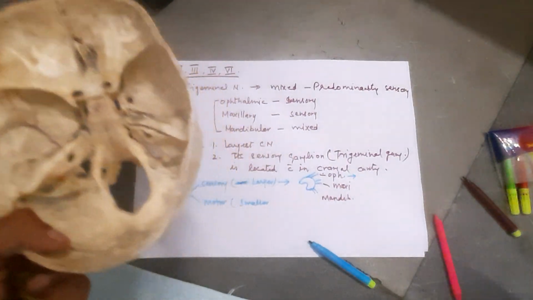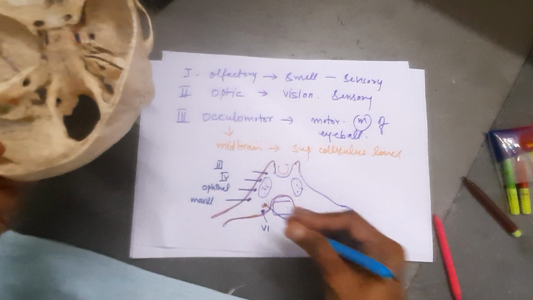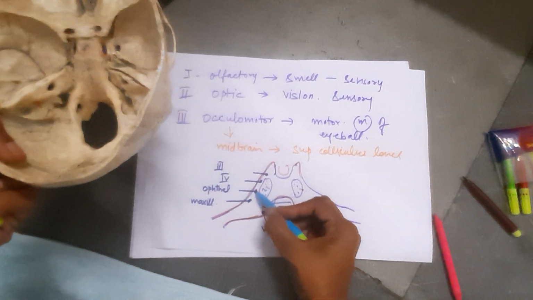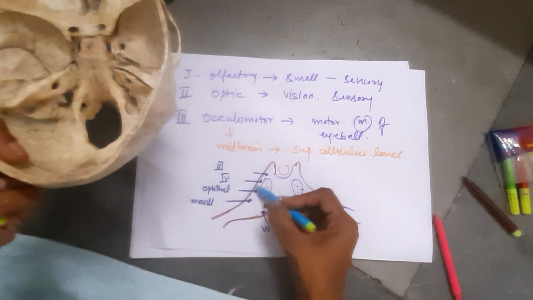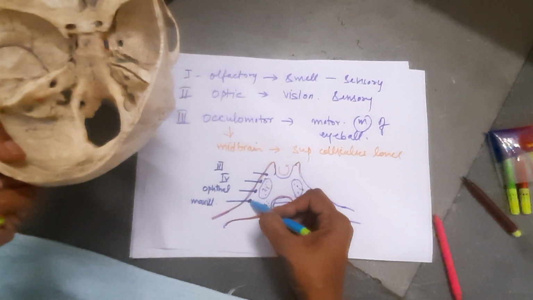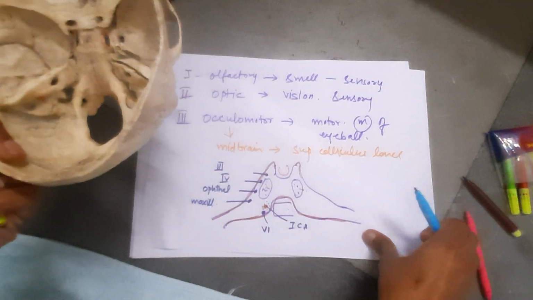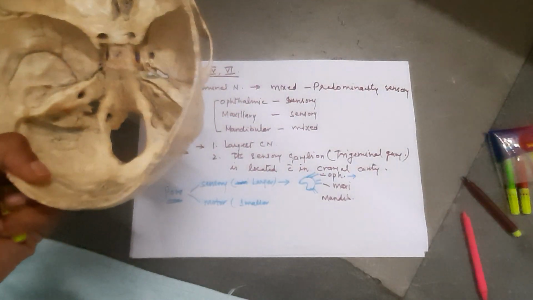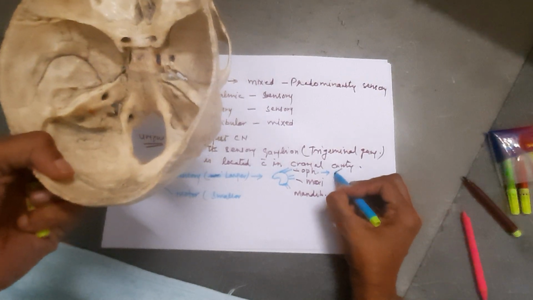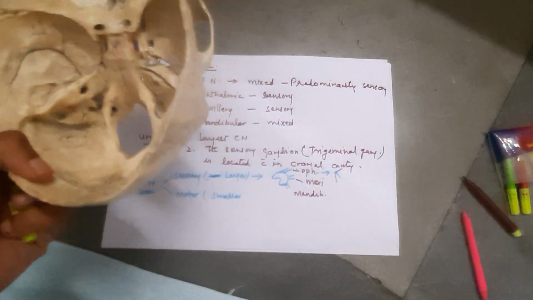I already told you in the previous video, the ophthalmic division lies in the lateral wall of the cavernous sinus, and the relations above are the third nerve, fourth nerve, and below is the maxillary nerve. In this lateral wall of the cavernous sinus, the ophthalmic division will divide into 3 nerves.